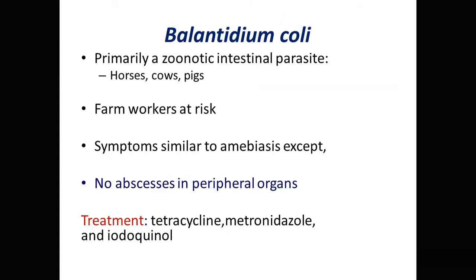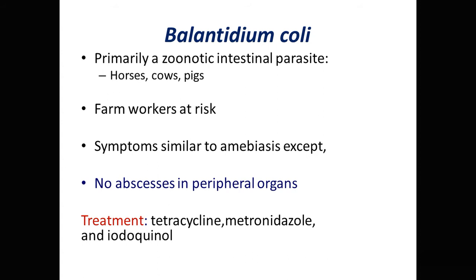But here the symptoms are less severe than in the case of Entamoeba histolytica, and Balantidium coli does not go to peripheral organs like the lungs, liver, and brain, and is not forming abscesses there.